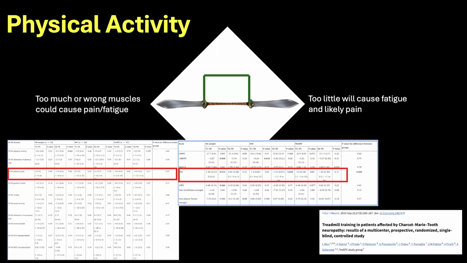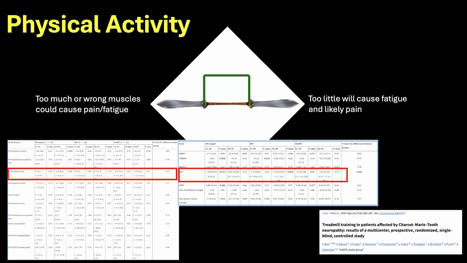And this is a nice study done by the Italian group who tested treadmill exercising in patients with CMT. Unfortunately, this particular test, trialing individuals on treadmill testing twice a week for 3 months, didn't show much in the way of improvement of pain.